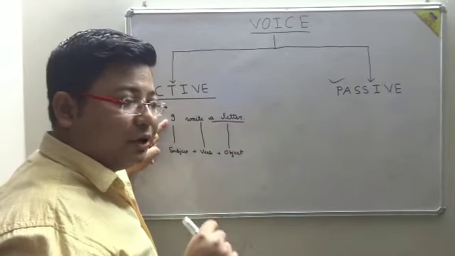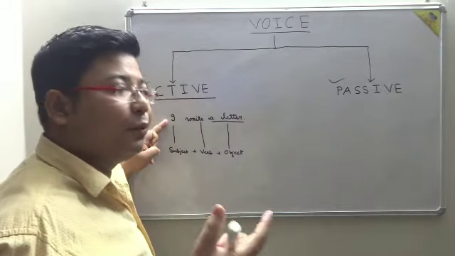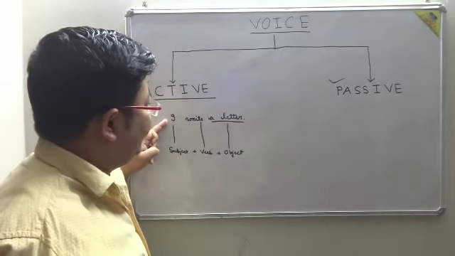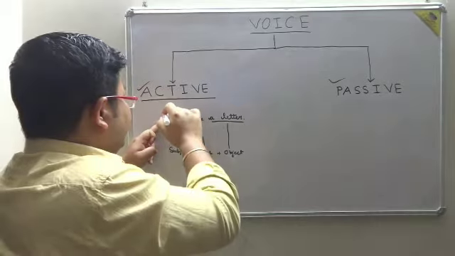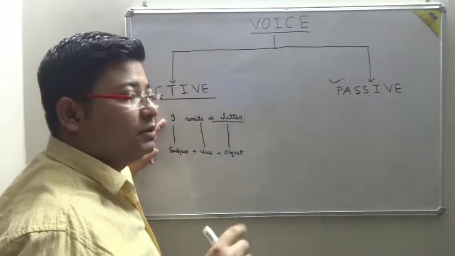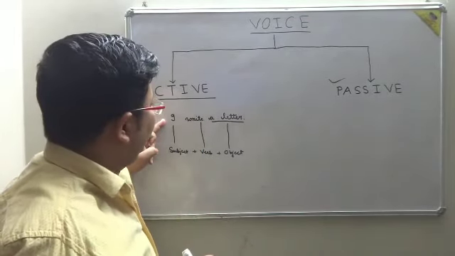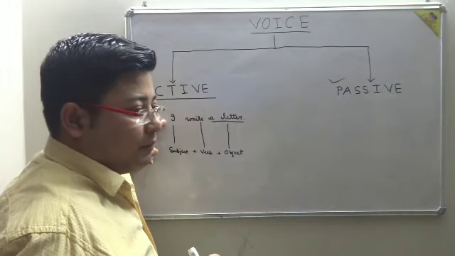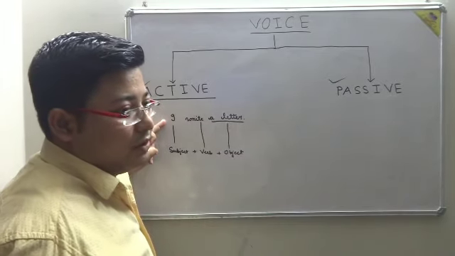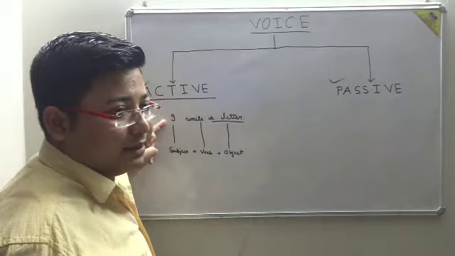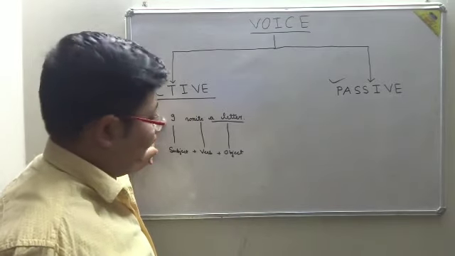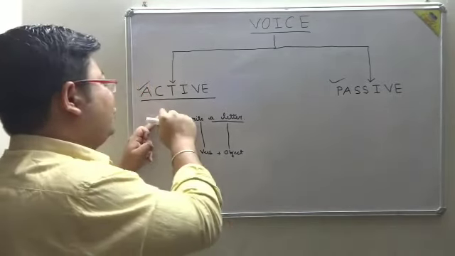What will be that preposition? It may be at, it may be by, it may be with, etc. Okay. First rule, just write down, okay. First rule is the subject in active voice will be changed to object preceded by a preposition. This is the first rule.